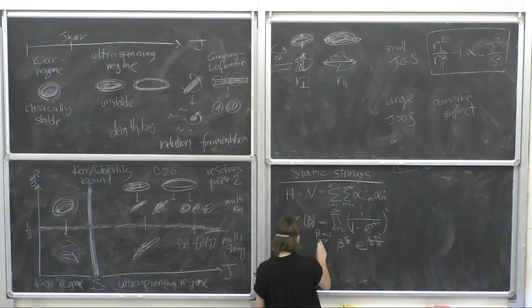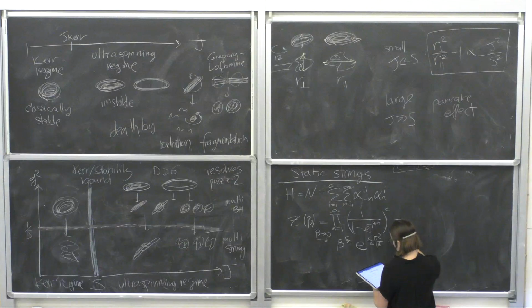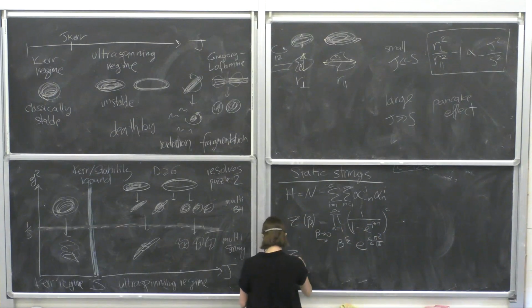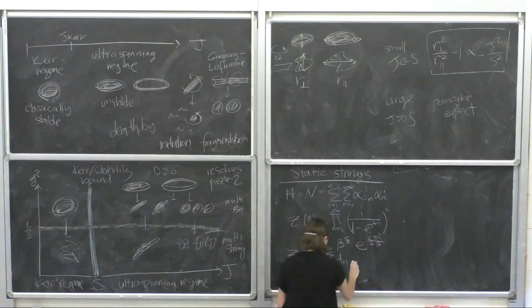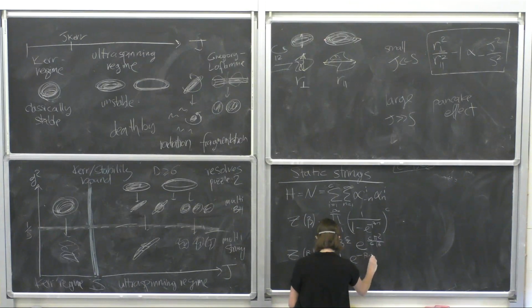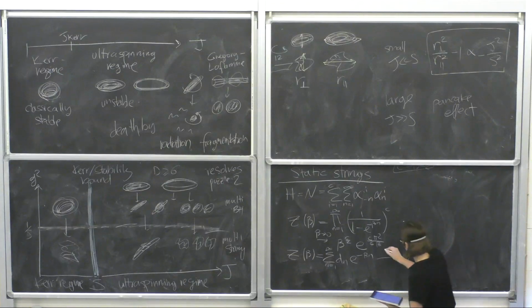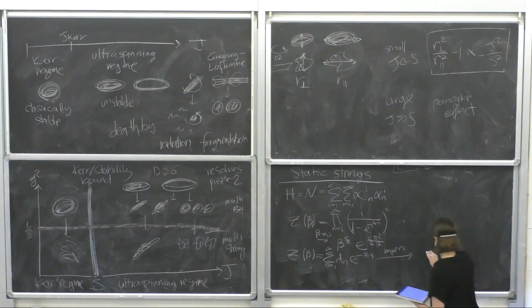So starting from the partition function, we can write this as, well, let me write it here. So Z of beta was the sum over n equals 1 to infinity of the density of states d(n), which we want to extract, times e to the minus beta n. And we said we extract this how? Well, this sum is dominated at large n, and we do a saddle point approximation to extract the density of states.